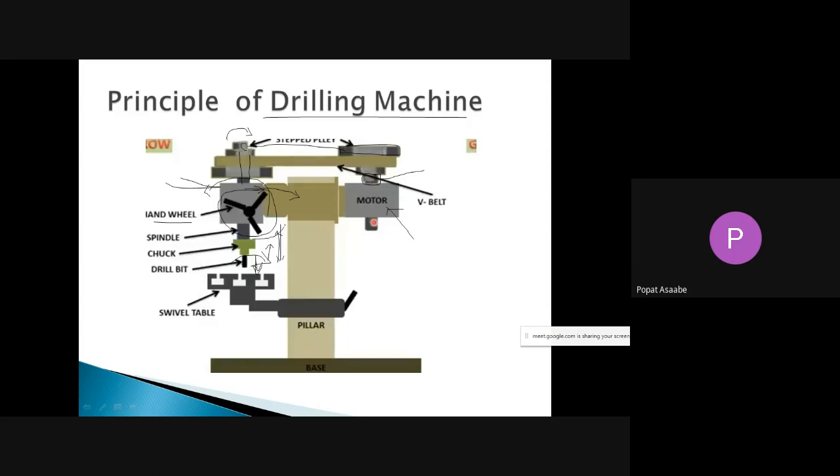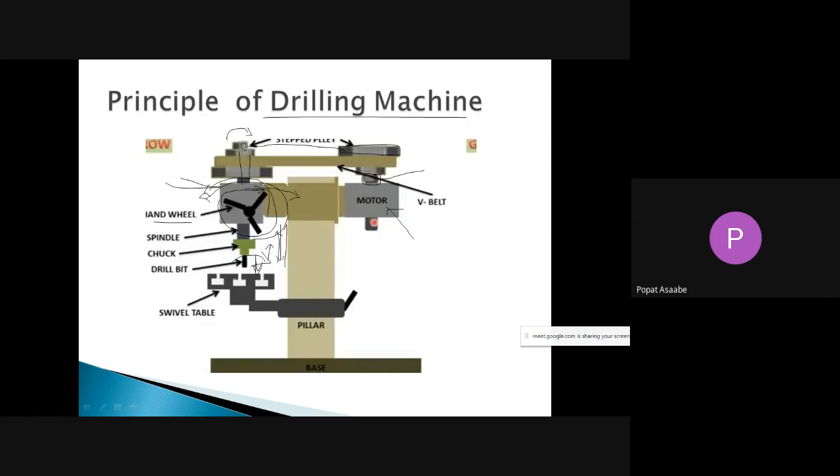When we rotate that hand wheel in anticlockwise direction, that time your spindle will move in upward direction, and your drill bit will be removed from the workpiece. Okay, in this manner your drill machine is going to work.